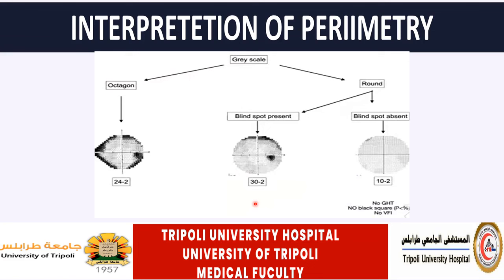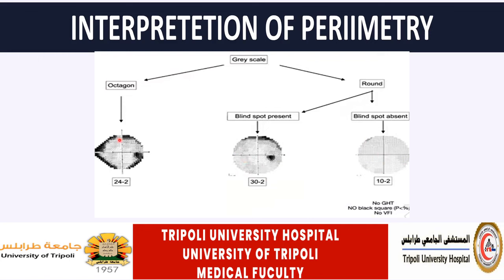Here I want to give you some quick and practical points, especially for the exam. When you see the printout of the perimetry, if it is round like this, it is either a 10-2 or a 30-2. What's the difference? The blind spot. In the 10-2, you will not find the blind spot, and in the 30-2, you will find the blind spot.